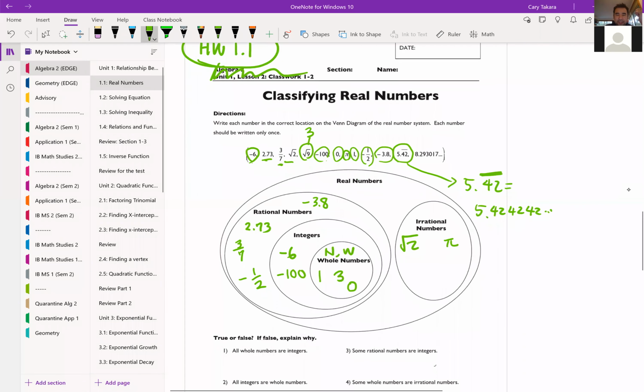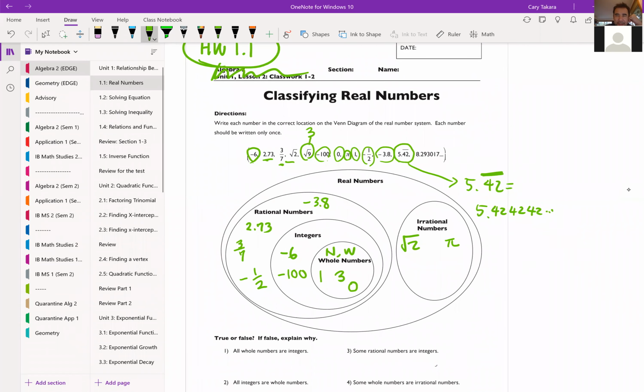So it is obviously repeating. So it is rational number again, 5.42 repeat. The last number, 8.293017. Now you can argue that maybe that is the repeating pattern, right? But from what we gather, we will classify this as it's a non-repeating.